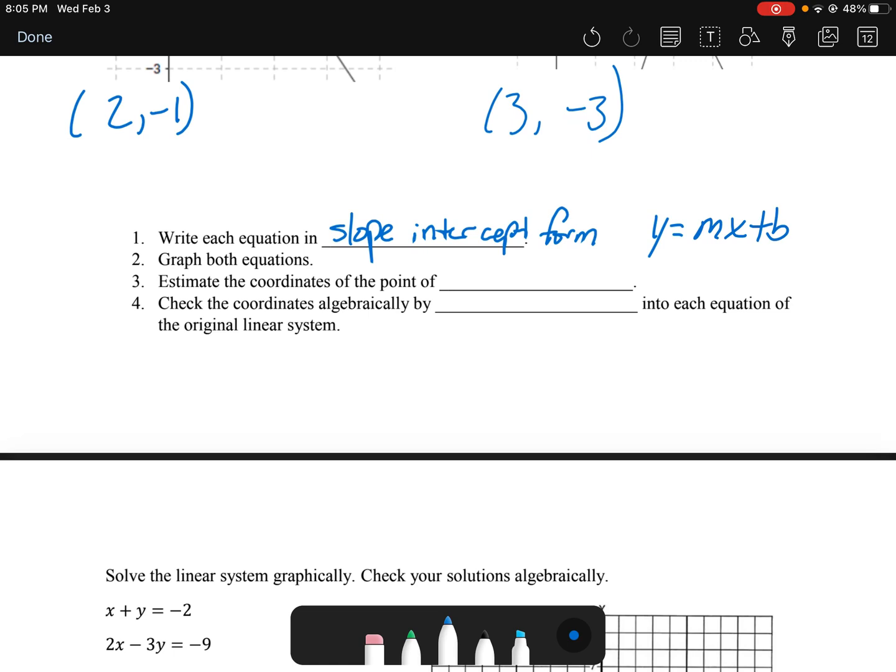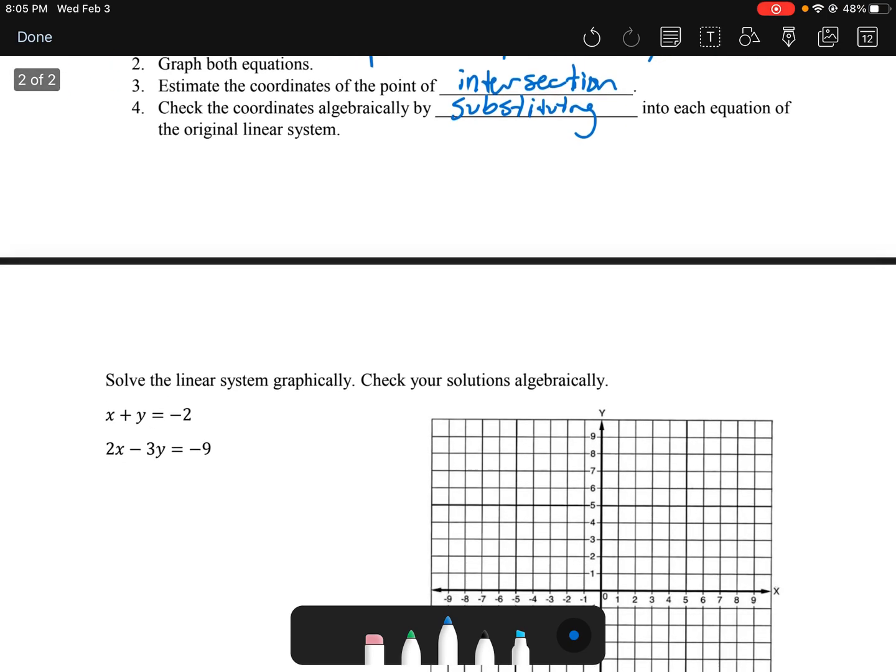After you've graphed them, look to see where the point of intersection is. Then you can check the coordinates algebraically by substituting into each equation of the original linear system. Make sure you substitute it back into the original problem, not where you wrote it in slope-intercept form.